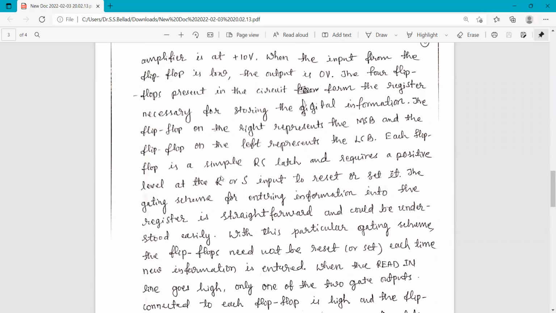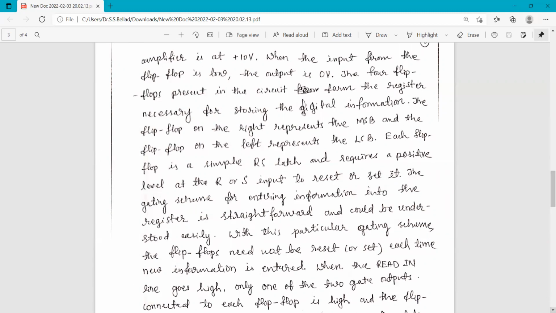Each flip-flop is a simple RS latch type and requires a positive level at the RS input to reset or set it. So the gating scheme for entering information into the register is straightforward and could be understood easily.